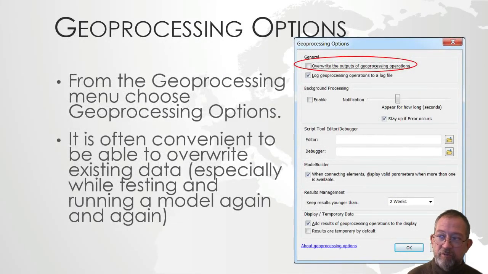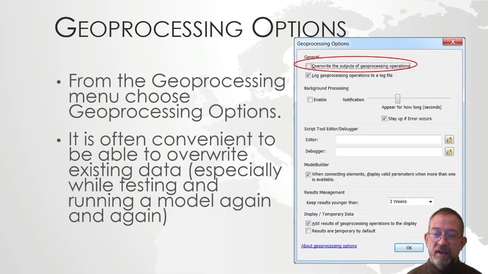One other thing one should probably start with thinking about is going into the geoprocessing options, and there at the top there is one that is called override outputs of geoprocessing operations. Typically when we're doing geoprocessing, we are in a trial and error mode, and therefore we often will want to override our outputs instead of having to call it 1, 2, 3, 4, test 6, 7, 8 and so on.